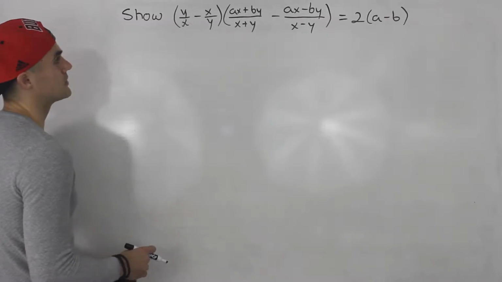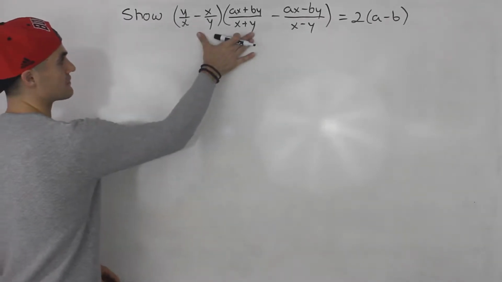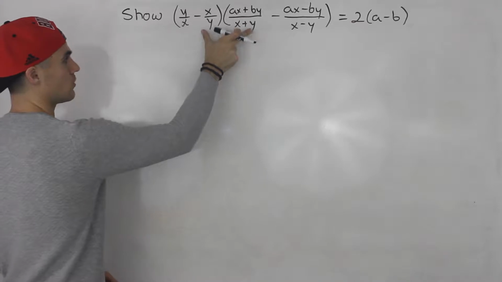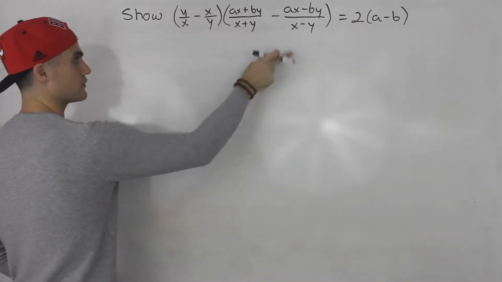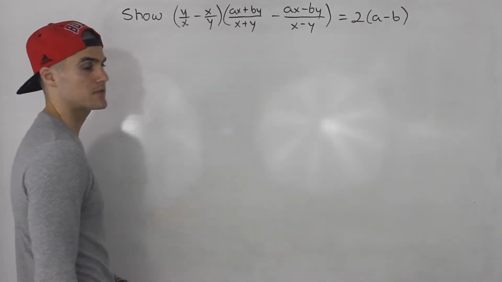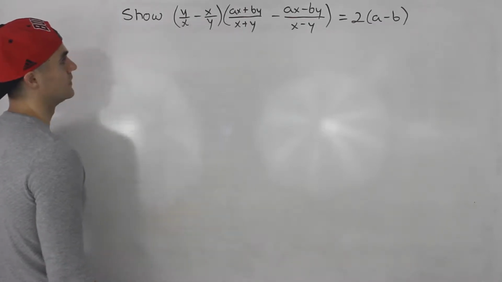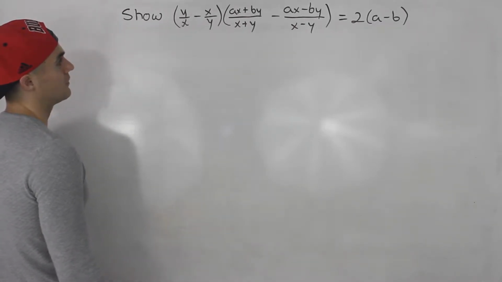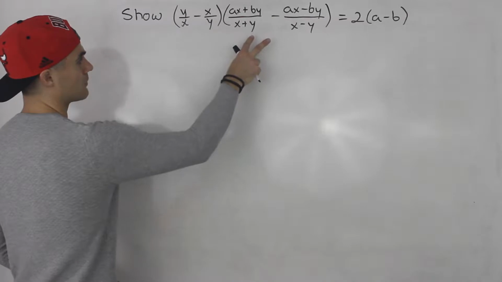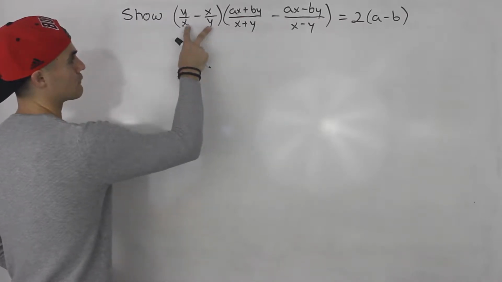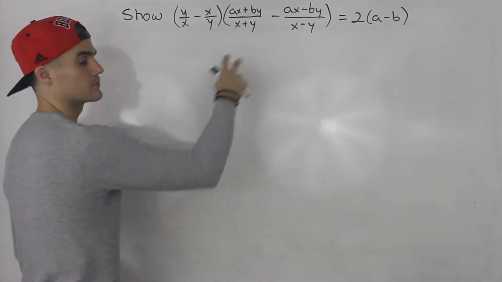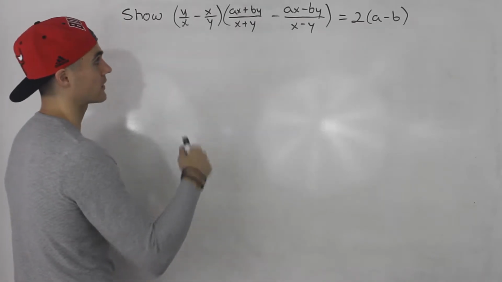Basically, the way I'm going to do this is I'm going to work with this left side. I'm just going to show that this left side simplifies to 2 bracket A minus B, and then we proved it. Now notice that we have two brackets multiplying by each other, and then we have fractions that are subtracting each other inside the brackets.